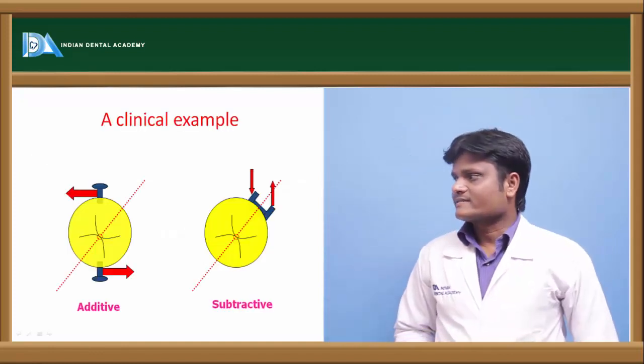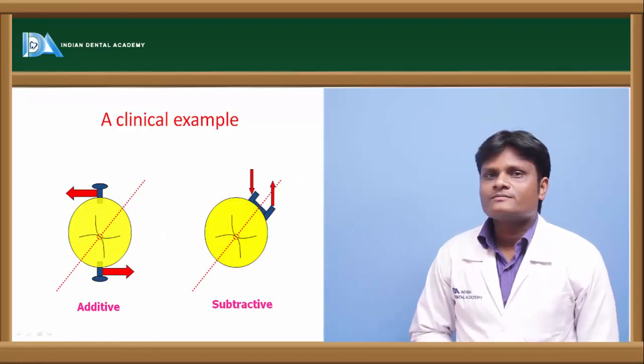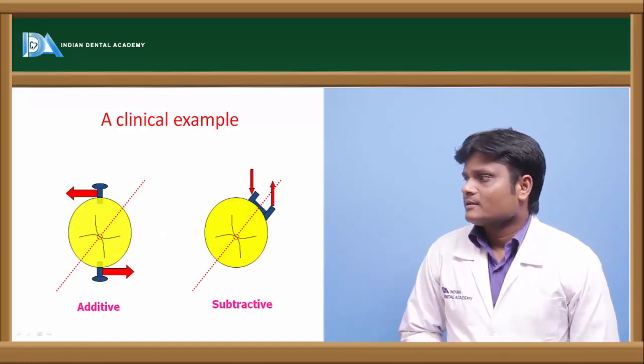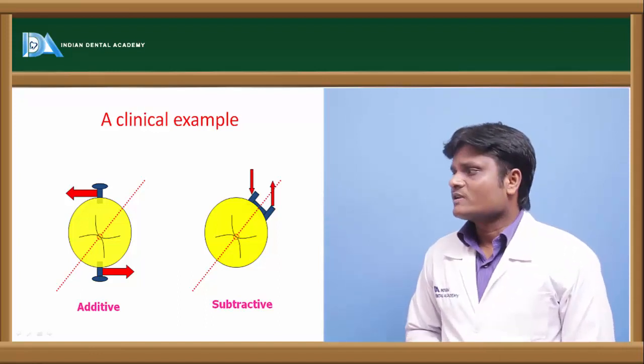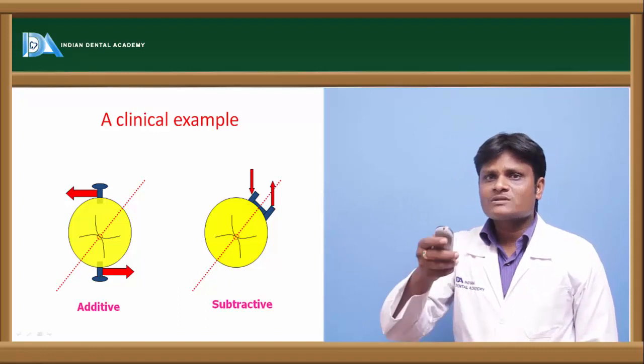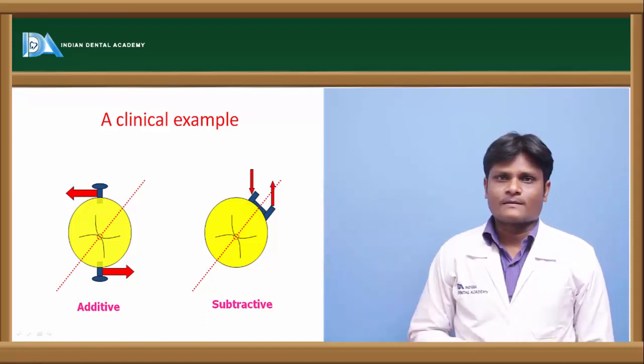Let us see this example. Here in the first image, you can see that the forces are acting on either side of the center of resistance, which will create two moments whose effect is additive in an anti-clockwise direction.